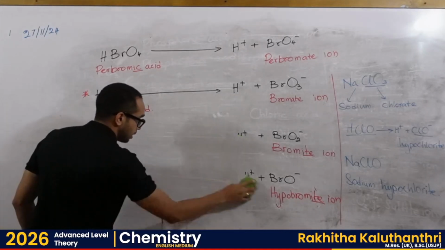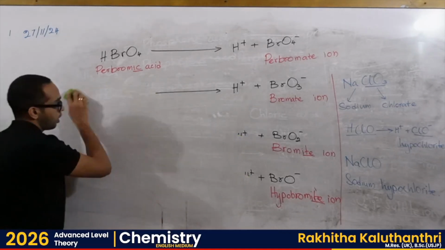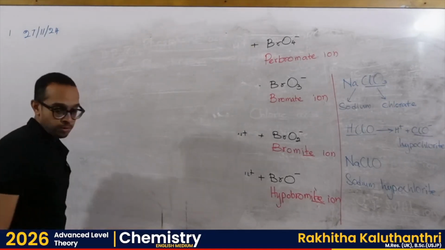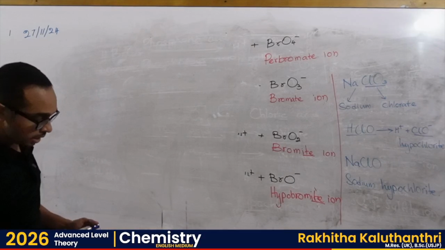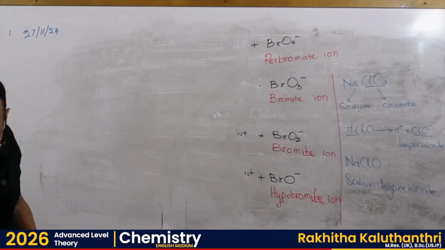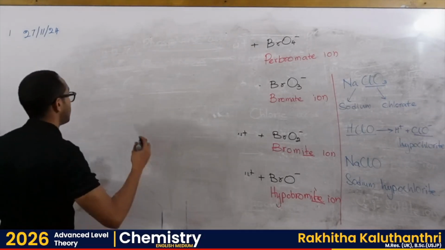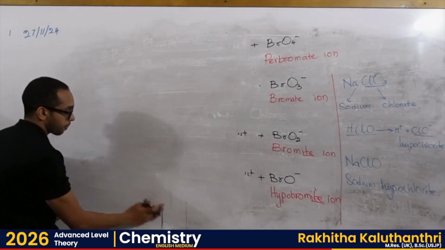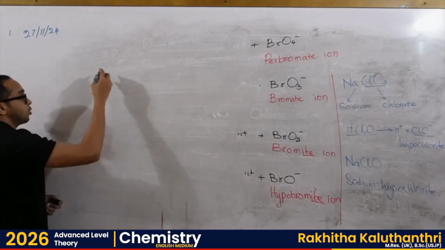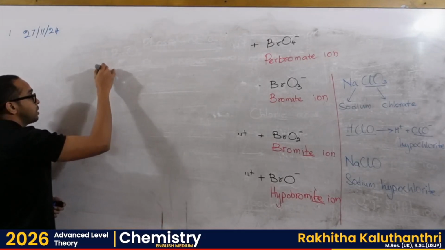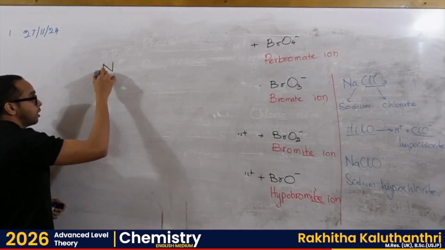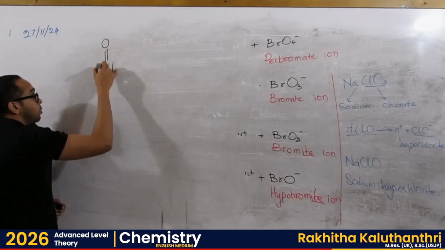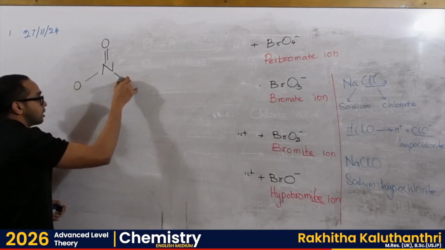So there was a question asked: why is the formula for nitric HNO3 and the formula for phosphoric H3PO4? It has to do with the Lewis structure. When it comes to nitric acid, nitrogen is bonded directly to oxygens. There are 3 oxygens here.